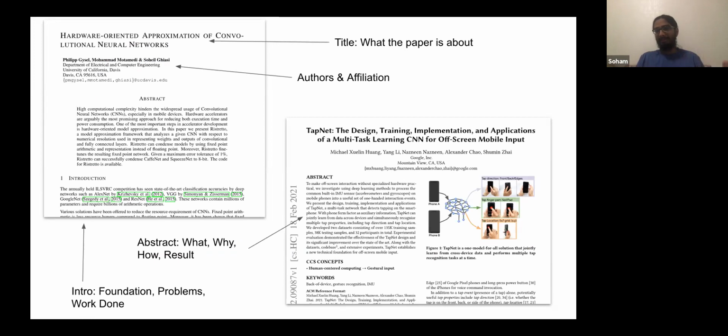So for me, as someone who works in edge computing, I just read it to know the work they did, and in case I come across a problem where I have to do something similar, then I'll remember, hey, this paper did that, and then I would go and read it in more detail. But just when you see a research paper and you just want to know what it's about, that's a really good way to do it.